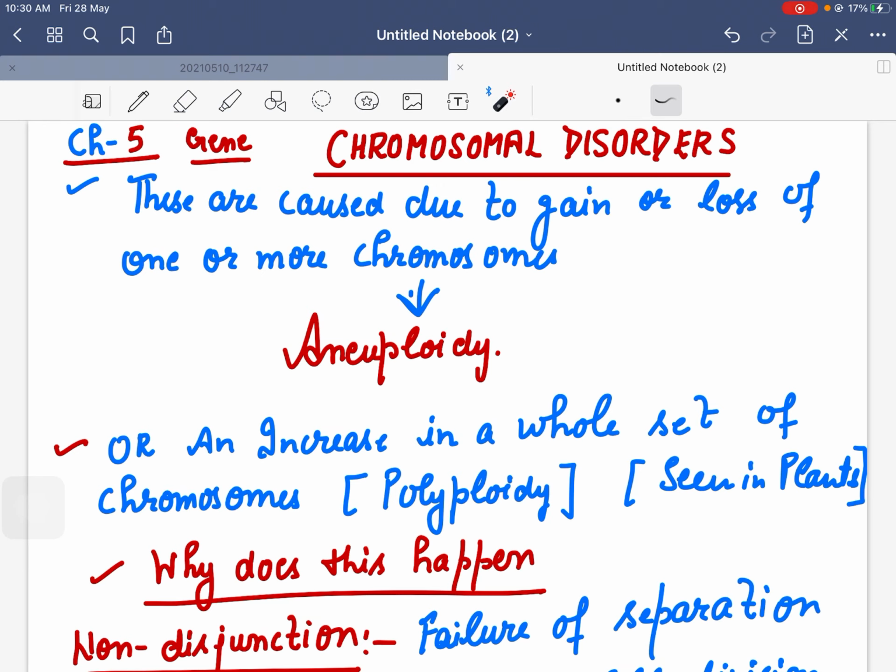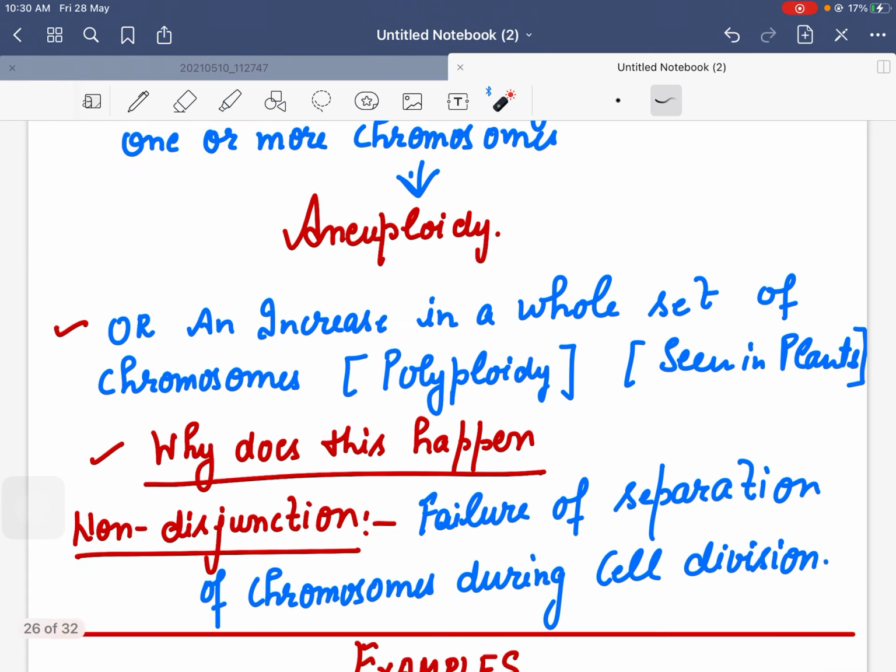So chromosomal disorders are related with the chromosomes, their gain, their loss, their addition, their deletion, that leads to a defect or disorder which is known as chromosomal disorder.